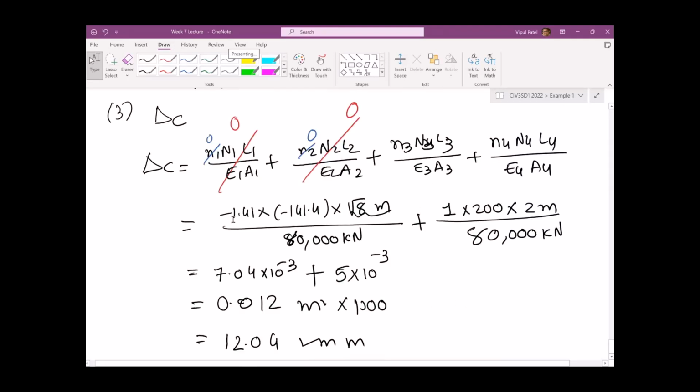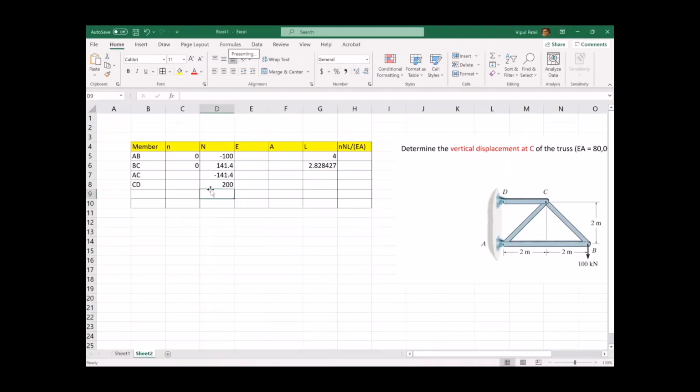Small n3 is minus 1.41, and this n4 is 1. Length for AC is the same thing, and length for CD is 2 meters.